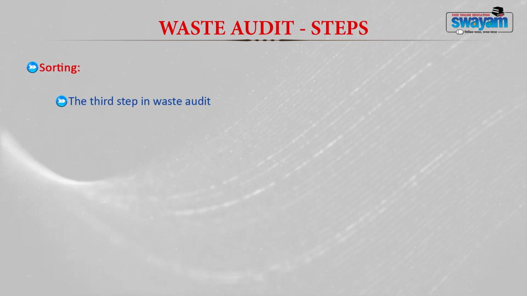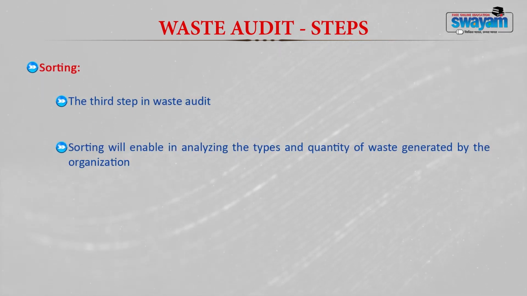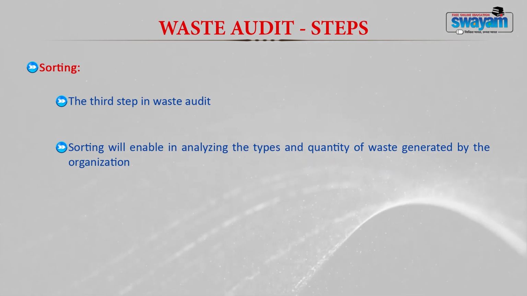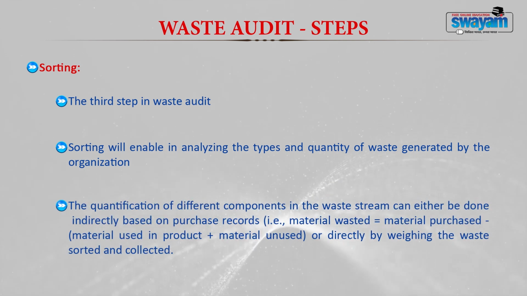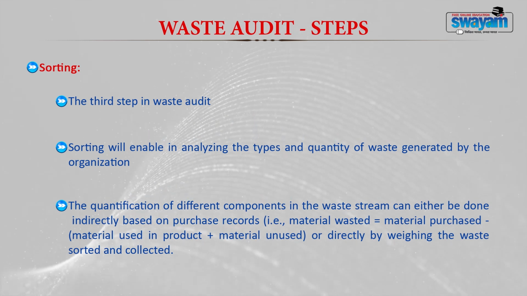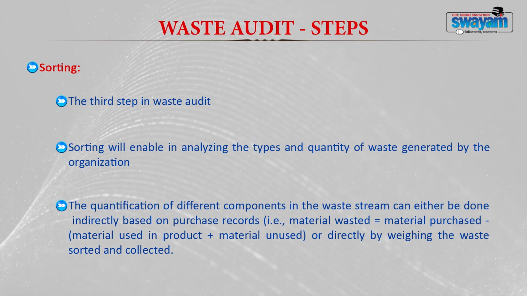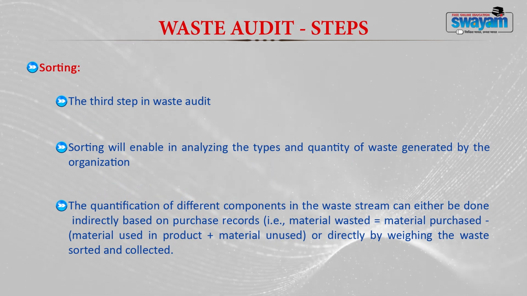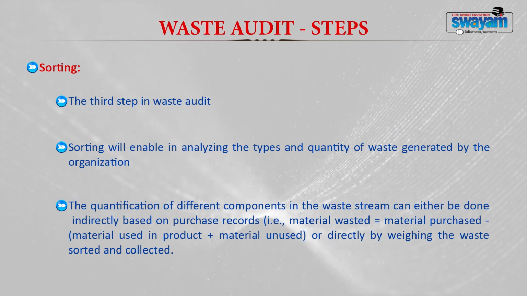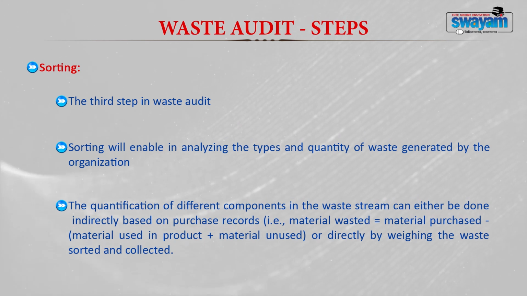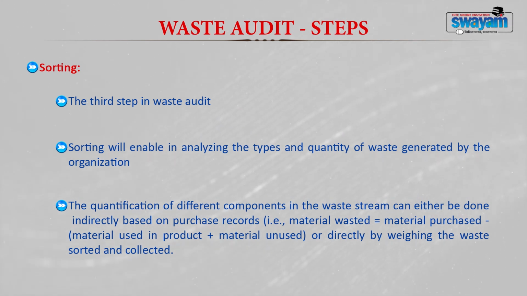The third step is sorting. Sorting will enable analyzing the types and quantity of waste generated by the organization. The quantification of different components in the waste stream can either be done indirectly based on purchase records, that is, material wasted is equal to material purchased minus material used in product and material unused, or directly by weighing the waste sorted and collected.